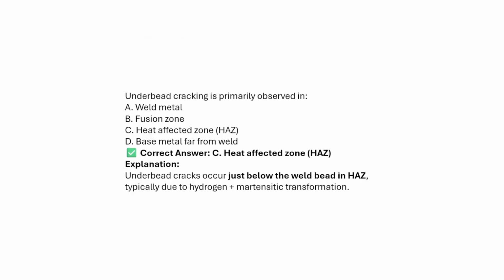Which kind of cracking is primarily observed in underbead cracking? Is it primarily observed in weld metal, fusion zone, heat affected zone, or base metal far from the weld? So the answer will be that underbead cracking happens in the heat affected zone, which is also part of the base material. Underbead cracking occurs just below the weld bead in a heat affected zone, typically due to hydrogen plus martensitic transformation.